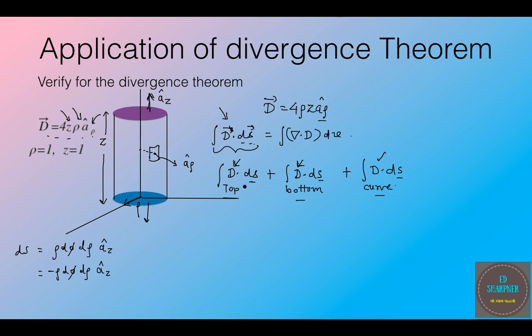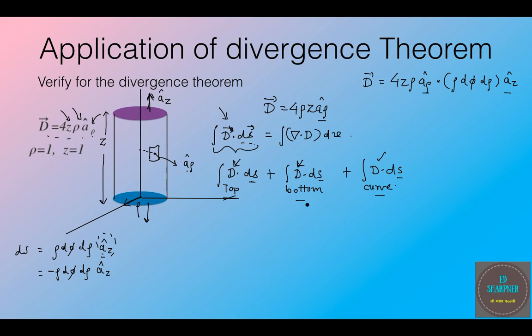So basically, when you put D dot ds for top and bottom surface, you're ultimately doing a dot product of az cap and a rho cap, because the vector that is associated with D is given as 4z rho a rho cap, and if you do the dot product with rho d phi d rho az cap, the dot product of a rho cap and az cap is 0.